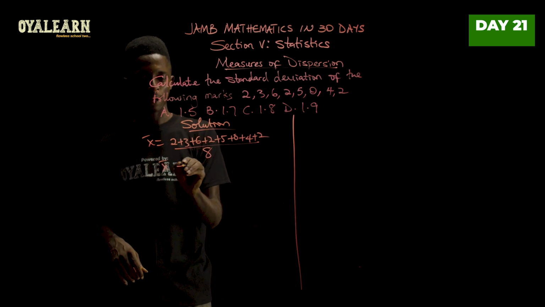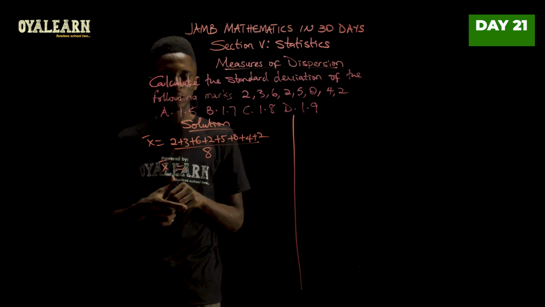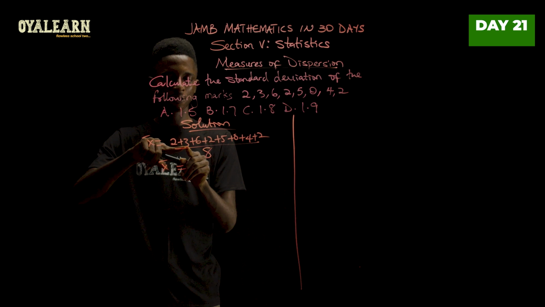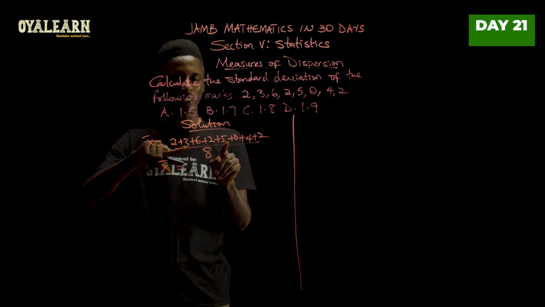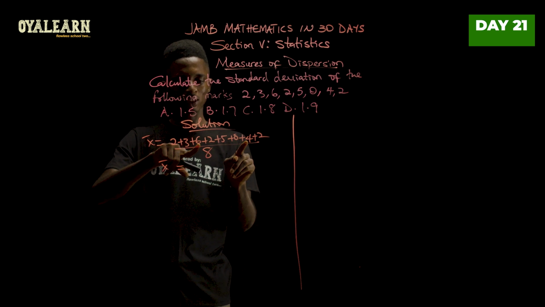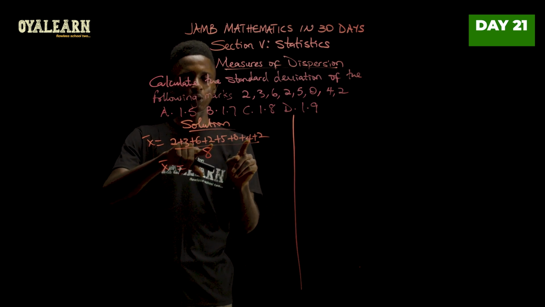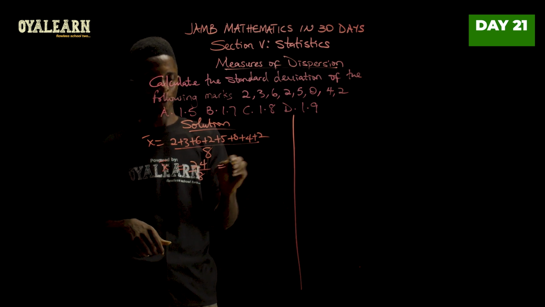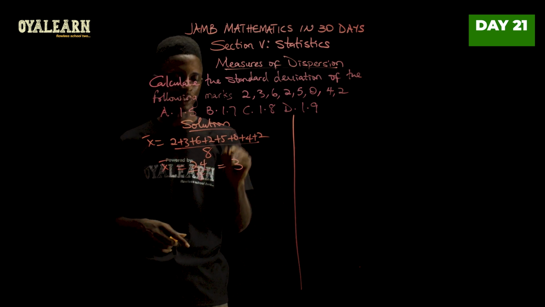And our mean is then, now let's add. This is 5 plus 5, and then we have 10. Now 6 plus 4 is another 10, that's 20. 20 plus 4, so we have 24 over 8. So our mean is 3.